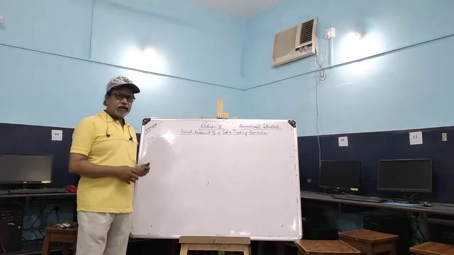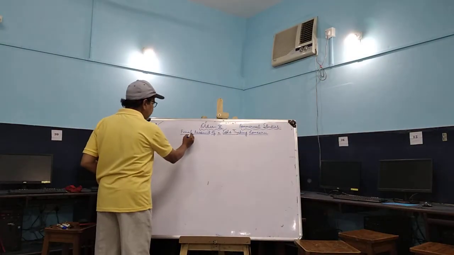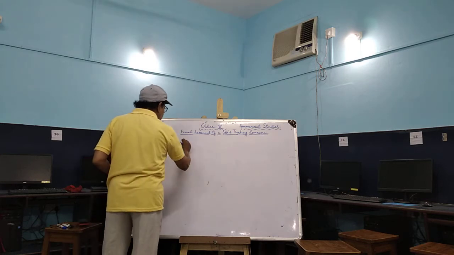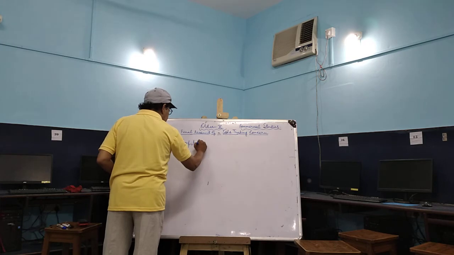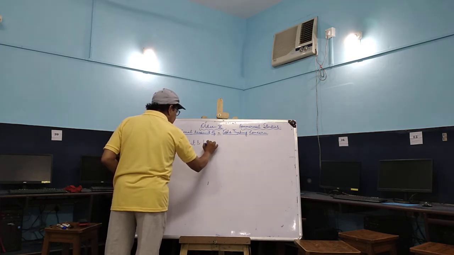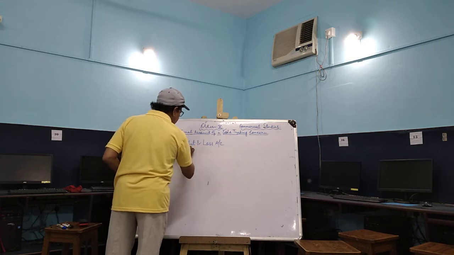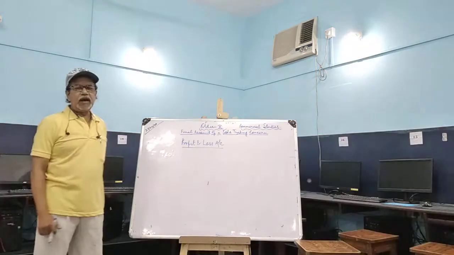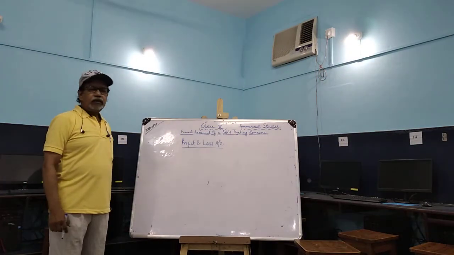Today, the second part. The second part of the final account of the sole trading business or single ownership business is termed as profit and loss account. Is that clear? Profit and loss account.